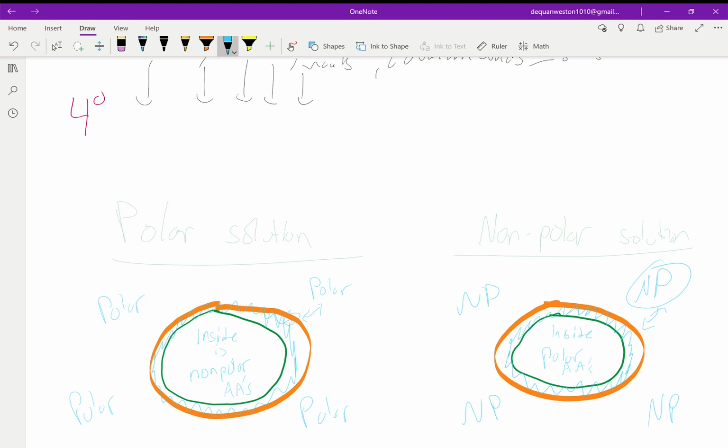If there's some sort of error during transcription or translation, it could result in the protein getting positive amino acids instead. So now we went from a negative to a positive. It's still polar, but it has an opposite charge, so maybe it's going to repel from the active site where the other one attracted.